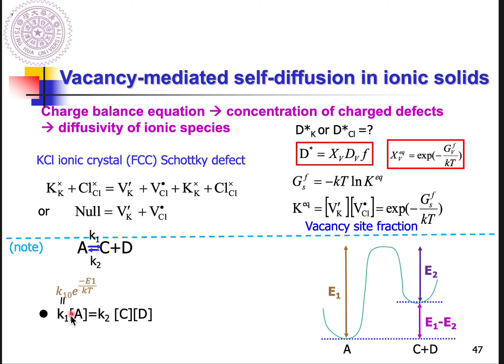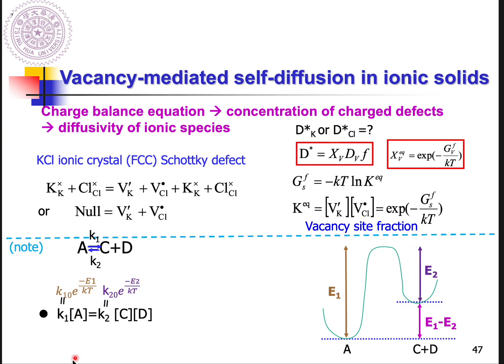If you express this based on the energy term, it will be K10 times the exponential of the energy barrier. A becomes CD, so the energy barrier will be minus E1 over kT. And K2 is the opposite direction, so the energy barrier here will be E2.